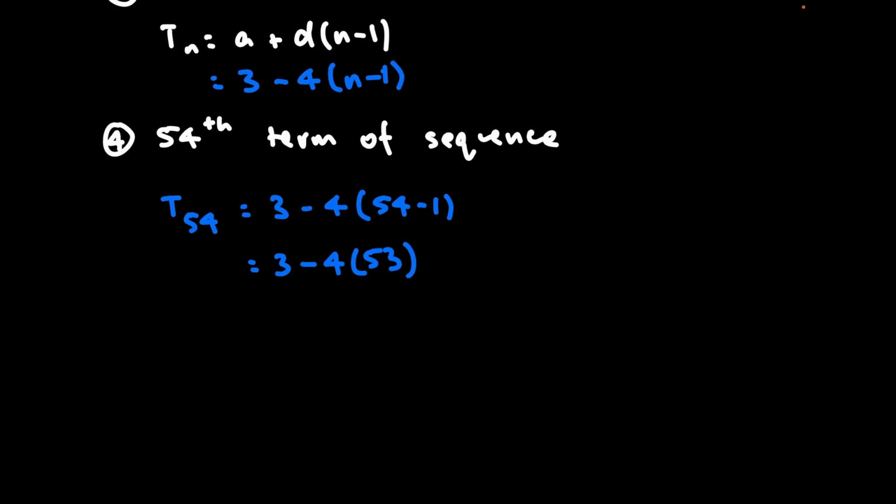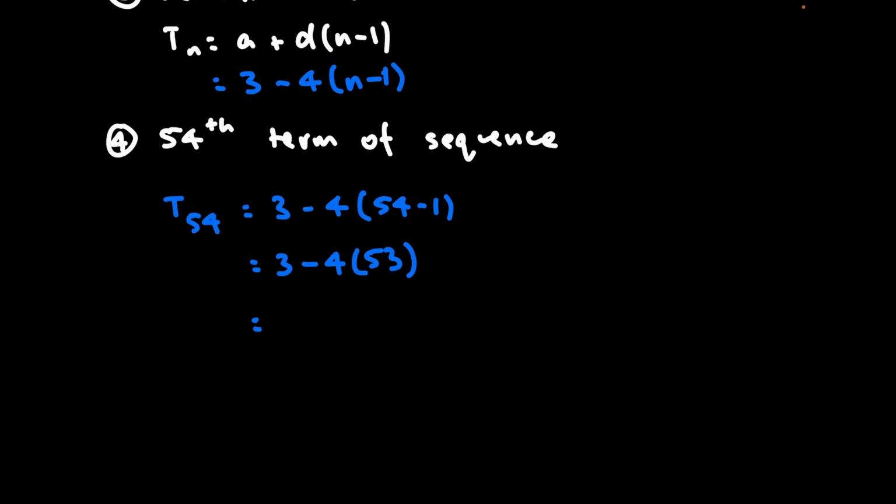So now we can say that 50 times 4 is 200, plus 12 is 212. So 3 minus 212, which is the same as minus 209. And that is the 54th term of this sequence.